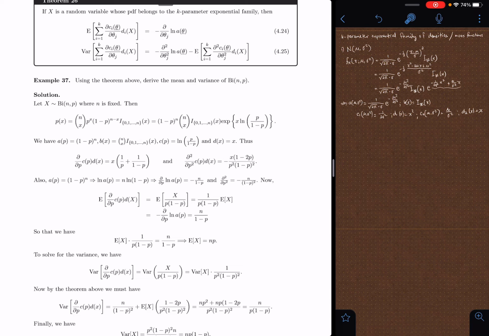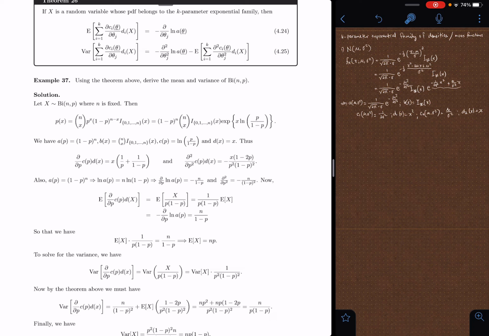Now, according to equation 4.24, equal daw siya sa negative of the partial with respect to P of ln of A of P. Kinuha na rin natin yan kanina. Yung partial with respect to P of ln of A of P is negative n over 1 minus P. So, since naka-negative to dito, multiply yan by negative 1, kaya natanggal yung negative sign, class.